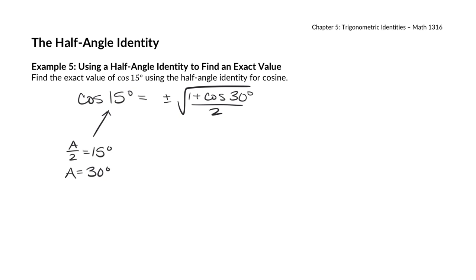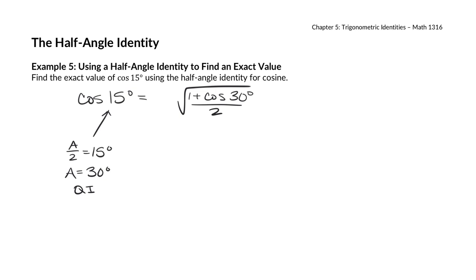The only other thing we're going to do before we get too far is make the choice of whether we're doing positive or negative. If the angle A is 30 degrees, what quadrant is 30 degrees in? Quadrant 1. Is cosine positive or negative in quadrant 1? Positive. So we can erase the minus sign, we don't need it.